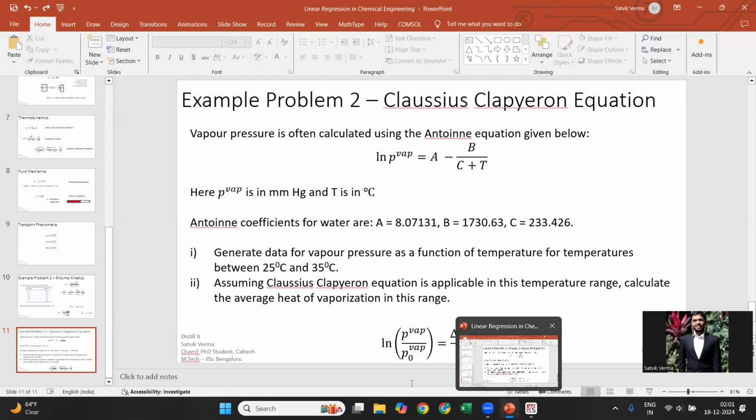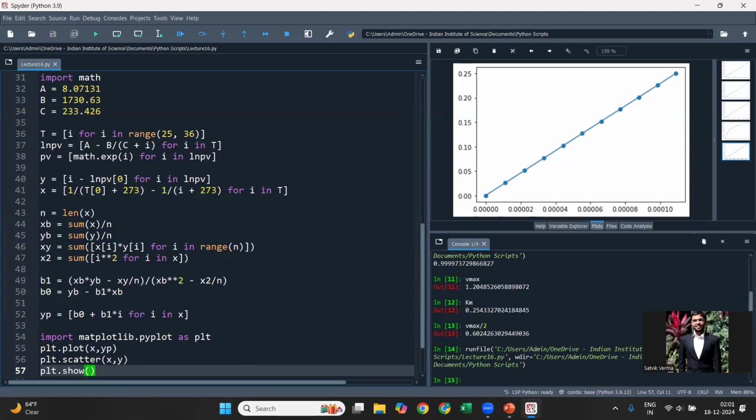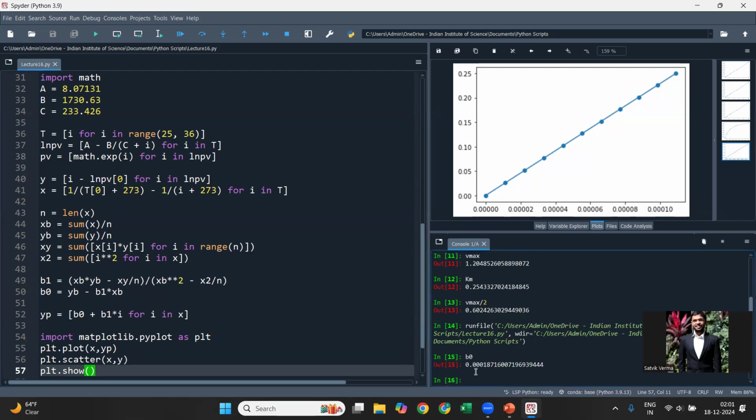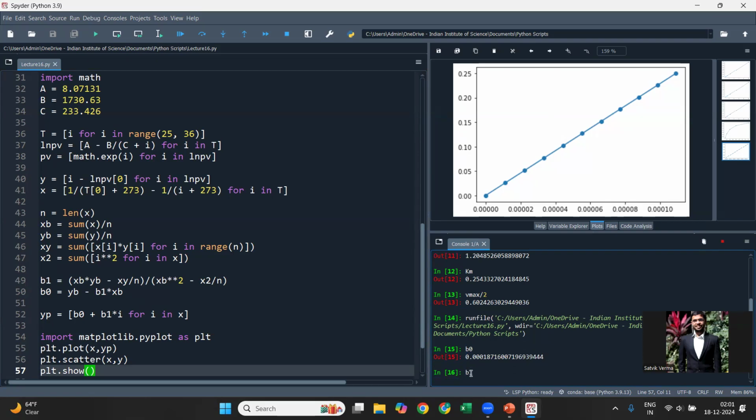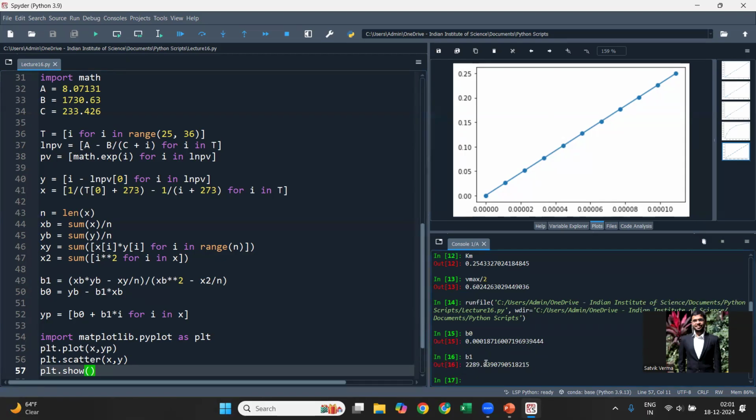So you cannot ignore beta naught in your model. You'll have to consider that, but that beta naught would be a very small value. So let's see what is the value of beta naught here. So as you see, beta naught is very, very, very small. And if you see beta 1, it's a big enough value, 2289.84, right?